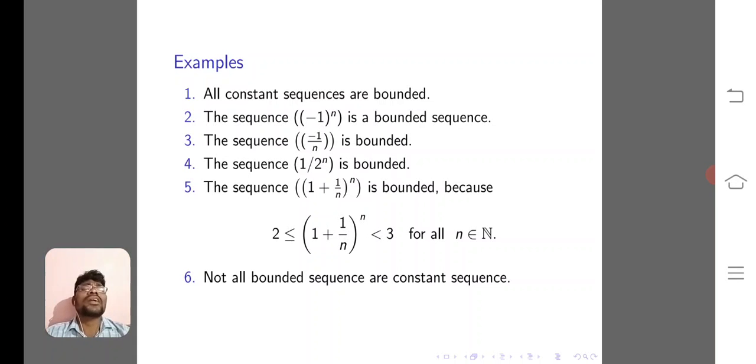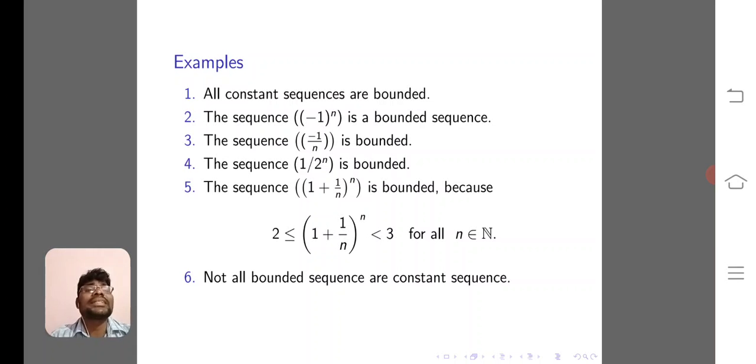This means 0 is less than or equal to all the terms of the sequence, and it is bounded above by 1 by 2. The upper bound is 1 by 2. So all the terms of the sequence lie between 0 and 1 by 2. So the range of the sequence is a bounded subset of R. So this sequence is a bounded sequence.